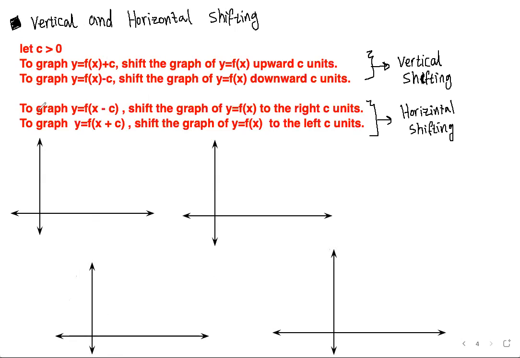So for the first one here, suppose I want to graph the function y equal f of x plus c, and here c is positive, okay? And suppose my original graph has a graph like this. This is my original graph, this is f of x.